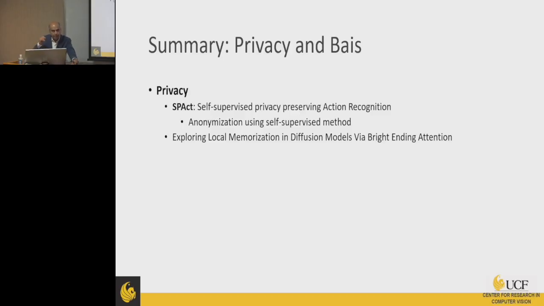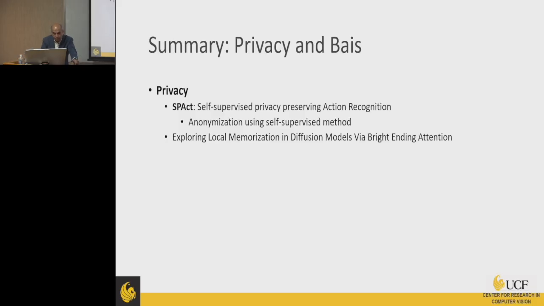Then we talked about the diffusion model, because that's the most active area. Everybody's talking about generative AI, images, videos, amazing. Now the issue there is memorization: these images are basically duplicates of the training images, and there are copyright laws, right? People are using images which somebody owns, some artists, some photographers.